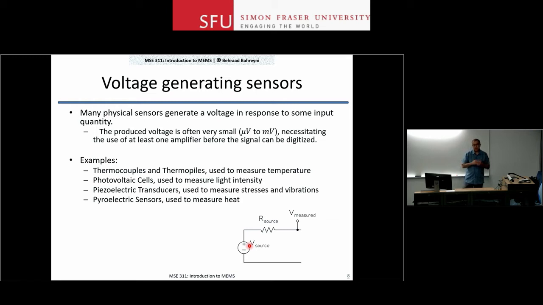So there again, a voltage producing signal. Pyroelectric sensors are sensors that produce a charge in response to heat, similar to piezoelectric devices, but in this case, the input is the heat, not stress. But then again, the output is capacitive. You have a charge across a capacitor, therefore a voltage.